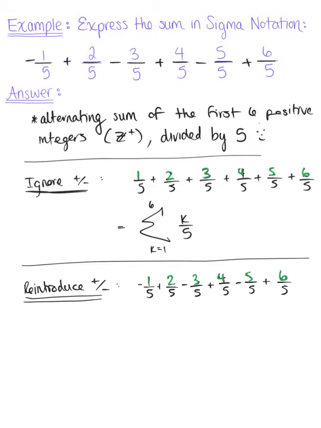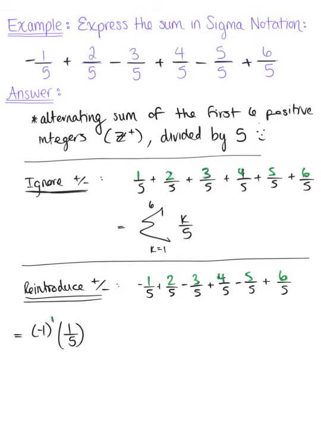So we want to relate those to the alternating portion. So looking at our first term, we can rewrite this as negative 1 to the first multiplied by 1 divided by 5. Actually, we should give ourselves a little bit more room here.